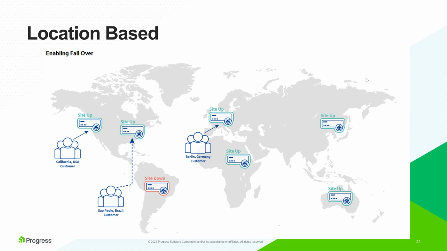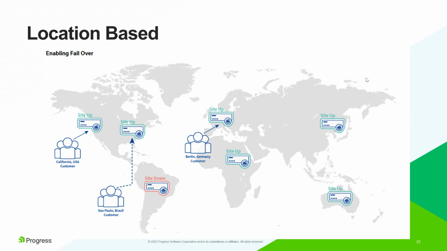Now, as you can see in South America, we have Sao Paulo that went down. In this case, it redirected the traffic and the users from that site to the closest site. And it looks like it's somewhere in the Northeast region, New York, Boston.